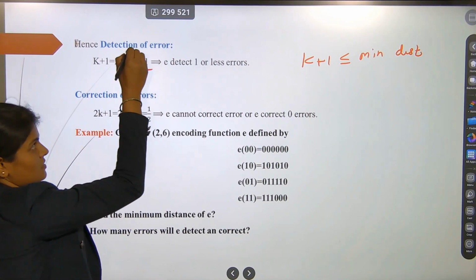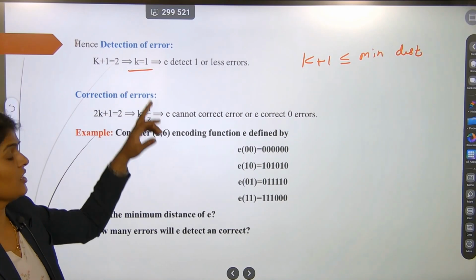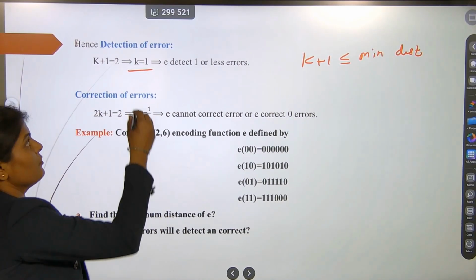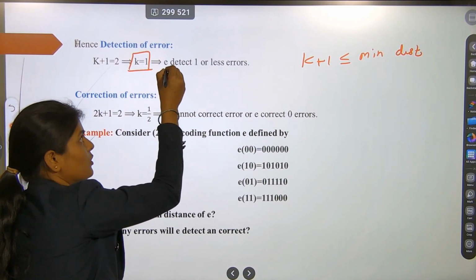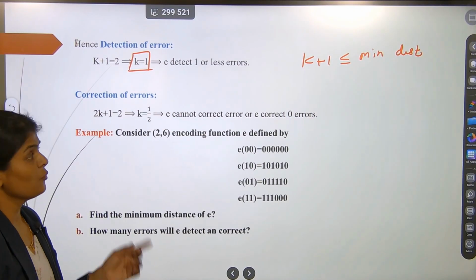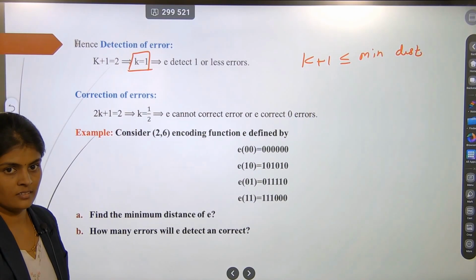After solving we get k equals 1. So we can say that the encoding function E detects 1 or fewer errors.